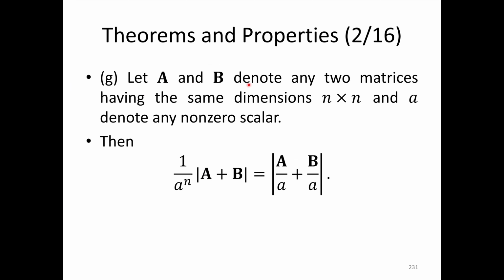Let A and B denote any two matrices having the same dimensions n by n, and small a denote any non-zero scalar.